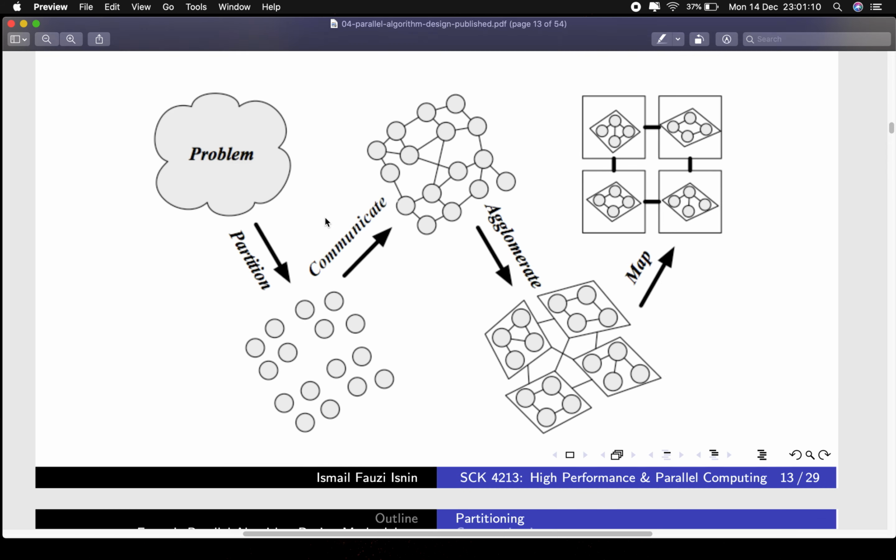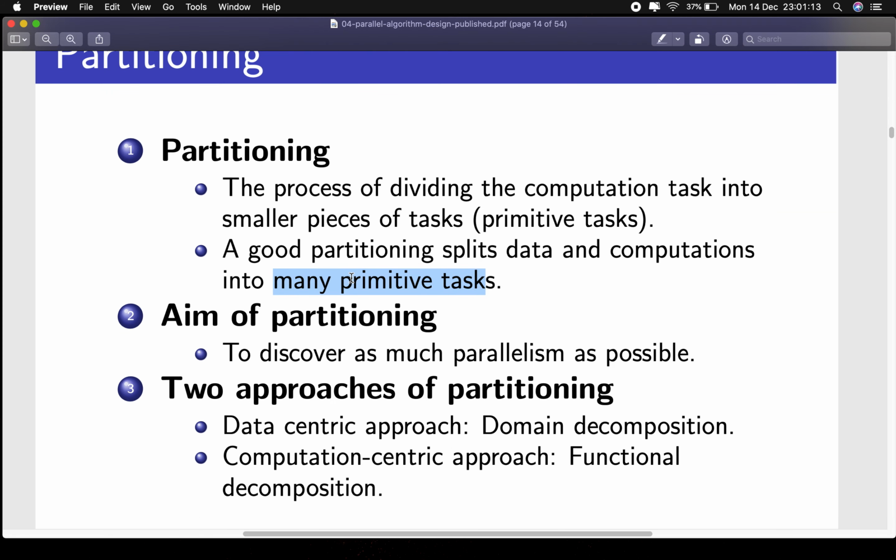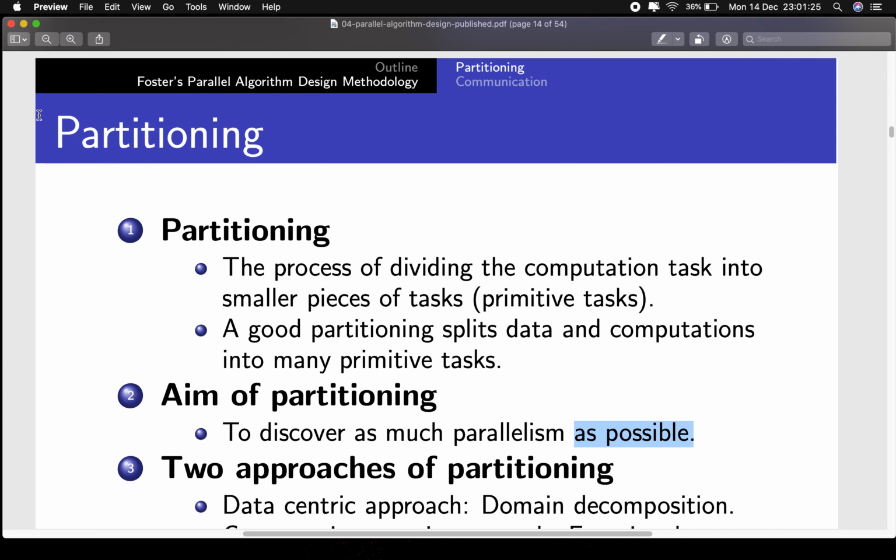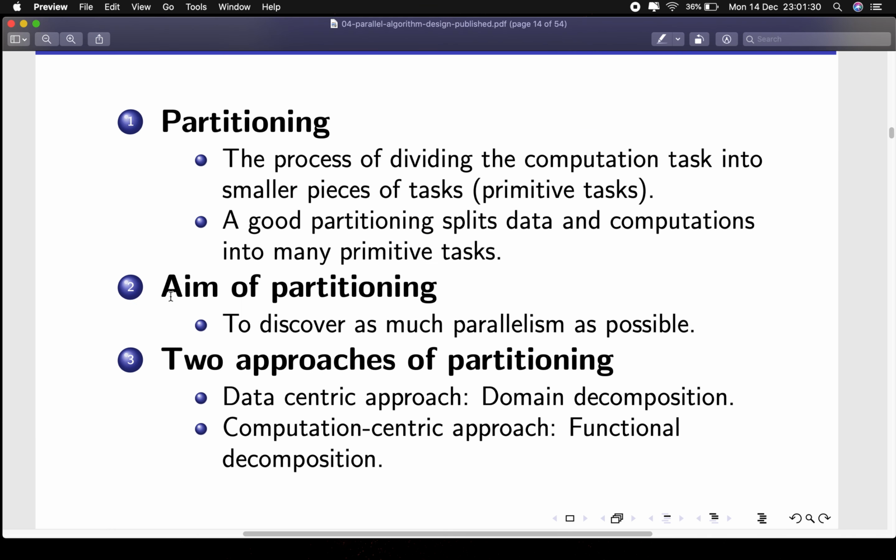And then for the aim, what is the objective of partitioning? It is to discover as much parallelism as possible. So under partitioning, you need to know the objective also. There is only one objective, so it's easy to remember: you want to discover as much parallelism as possible.